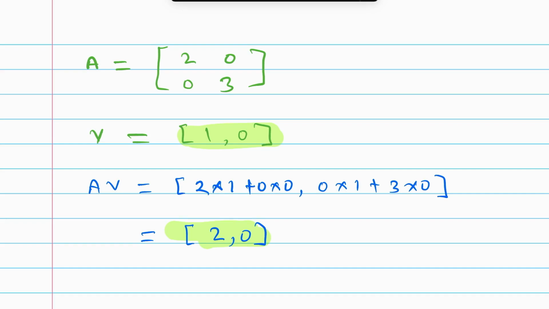Vectors that keep their direction after a matrix transformation are called eigenvectors. Now let's compare the original vector and the result. Original vector is 1, 0 and the result vector is 2, 0. The result is simply the original vector multiplied by 2. That number is called the eigenvalue. So for this example, the eigenvector is 1, 0 and the eigenvalue is 2.